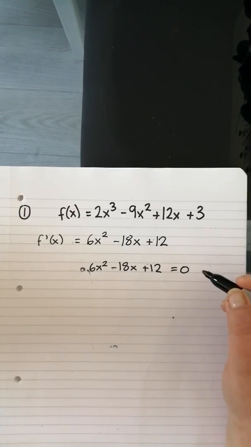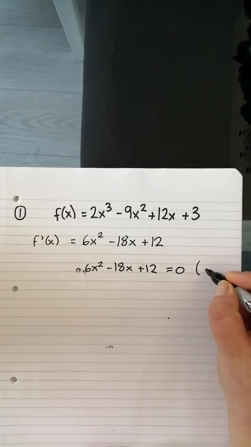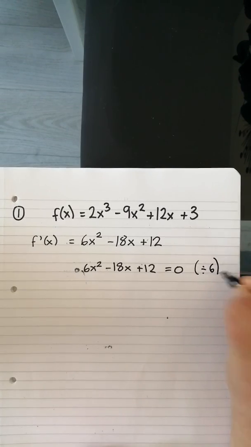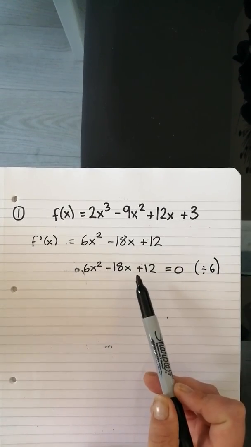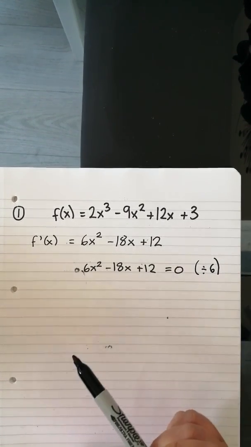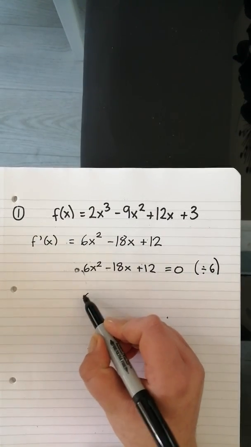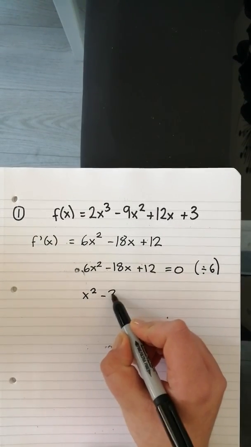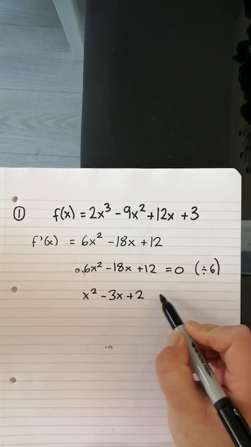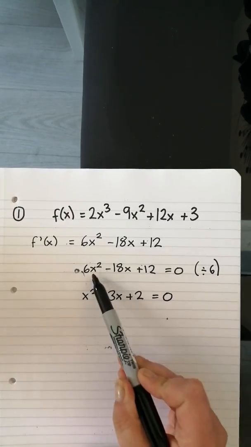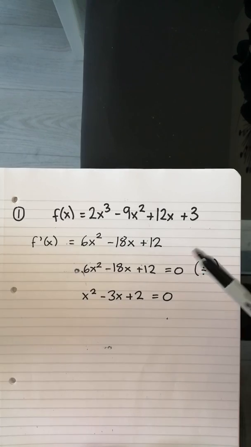So if we divide each term here by 6, for example, that'll make finding the roots a little bit easier. So here, that's x squared minus 3x plus 2 is equal to 0. So I divided each part by 6.